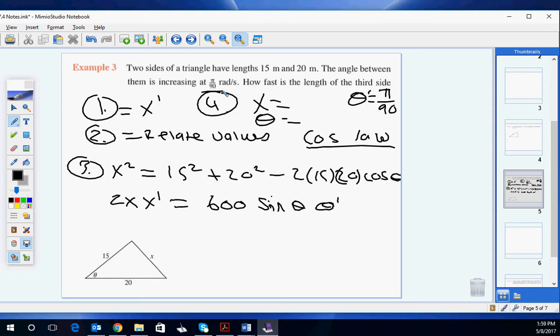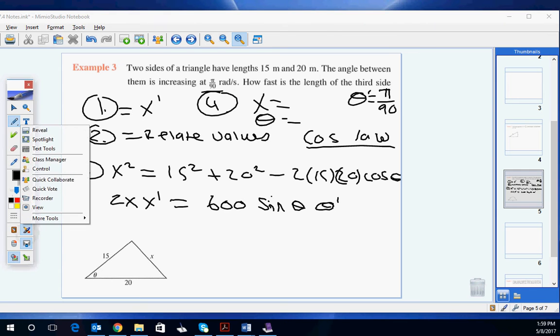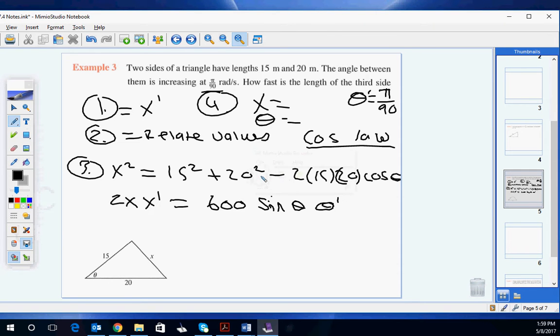Oh, I think I cut off part of the question. Just a second. Sorry, I cut off the question. That's not cool, but they give us theta. They want to know at pi over 3. So this is what you have to do. At pi over 3, what's our x value?